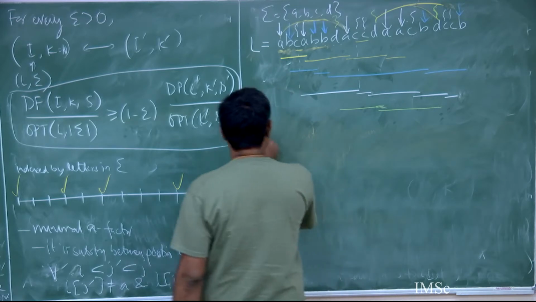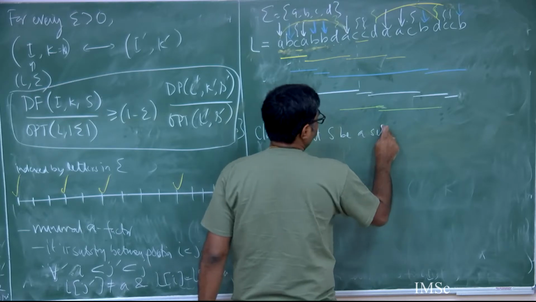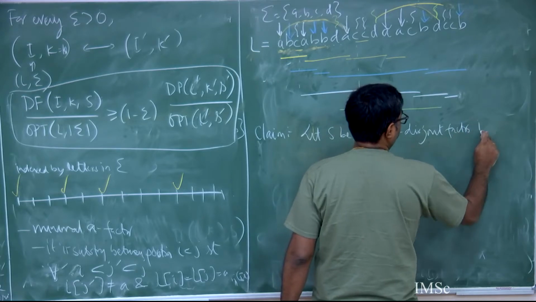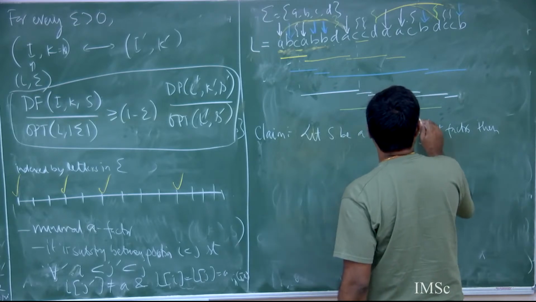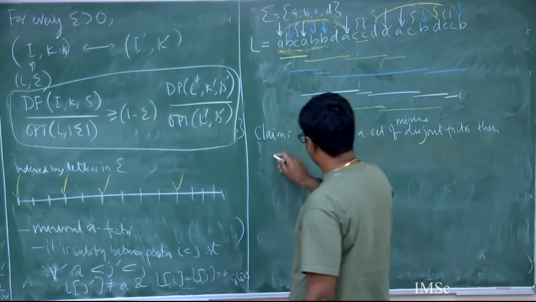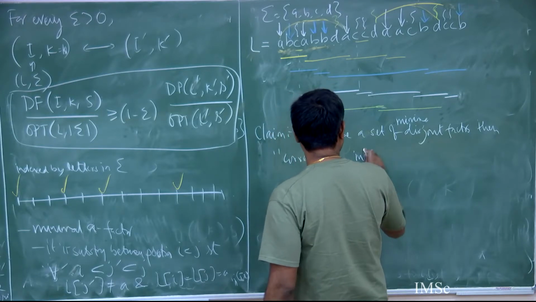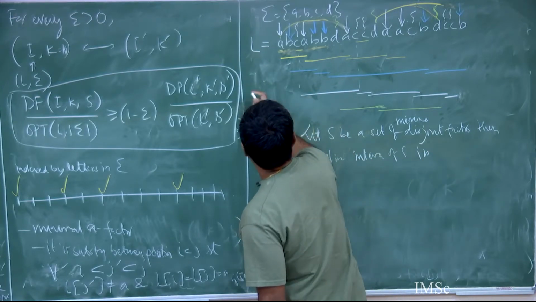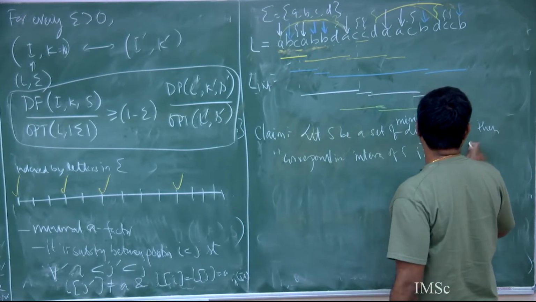So claim: let S be a set of disjoint minimal factors, only consisting of minimal strings. Then the corresponding intervals of S in this interval graph, let's call it L interval, form an independent set.